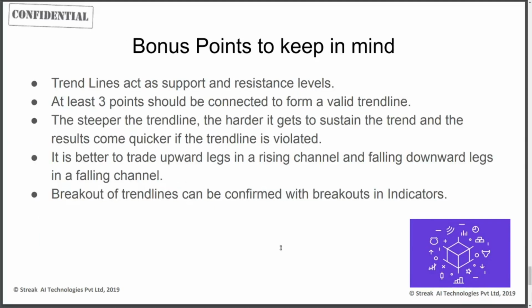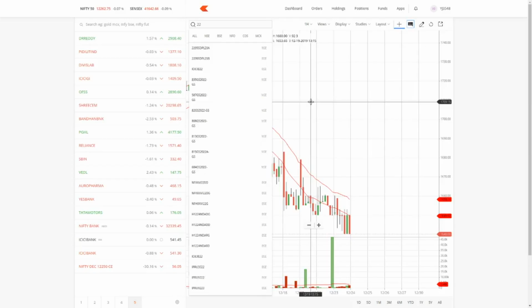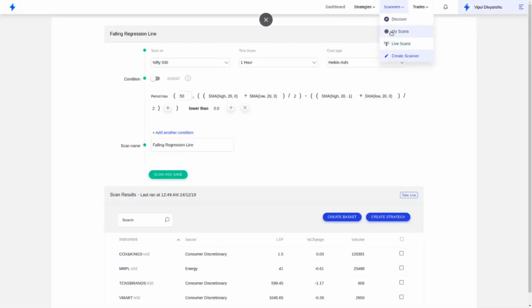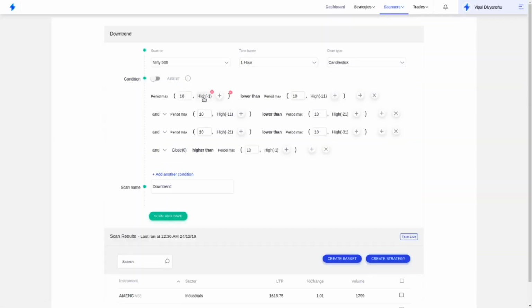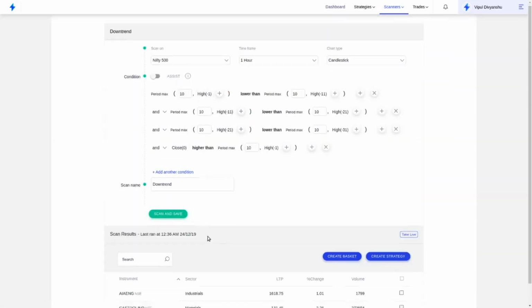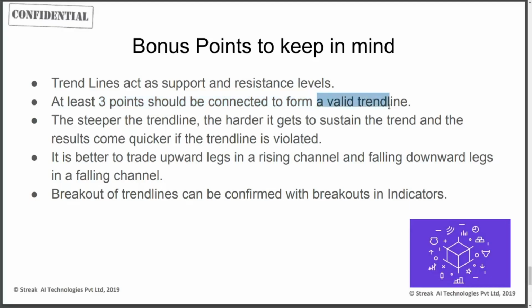So let's come to the bonus points section of this webinar. Things to keep in mind: trendlines act as support and resistance levels. At least 3 points should be connected to form a valid trend line. In the scanners that we created, both for up and down trend, we added 3 conditions to identify a valid trend line.